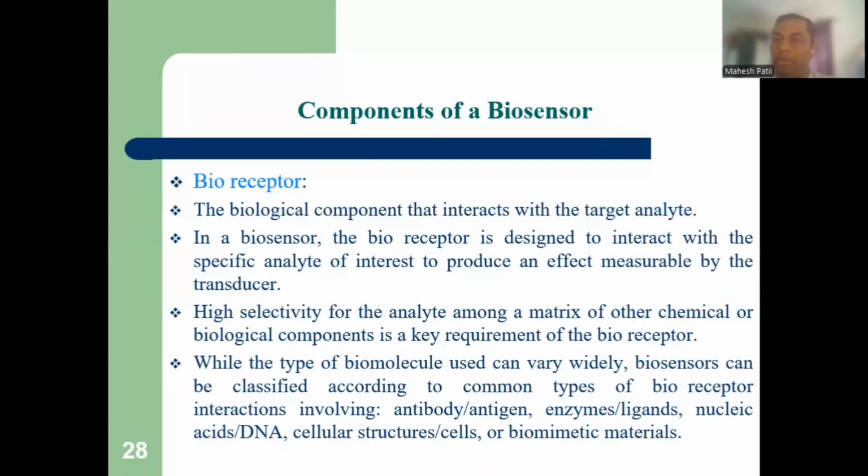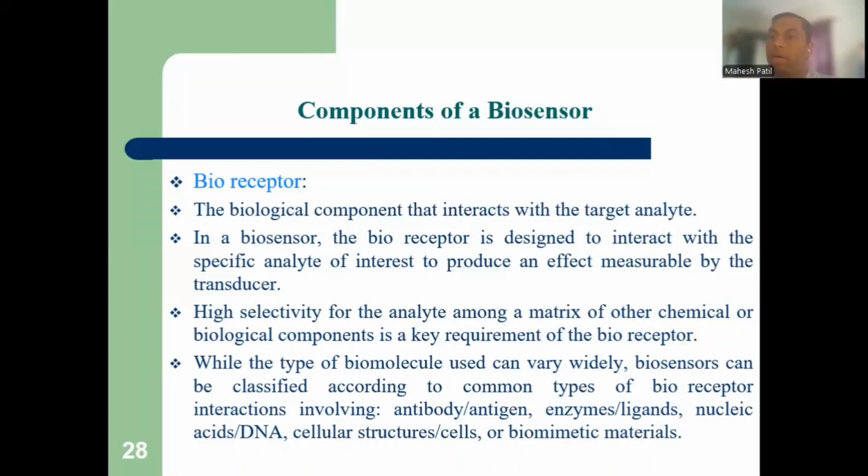So what is the peculiar characteristic that drives the bioreceptor? Take an example: my blood may consist of different kinds of sugar. It may consist of glucose, fructose, or any other sugar. But I'm mostly interested in finding out the glucose content.